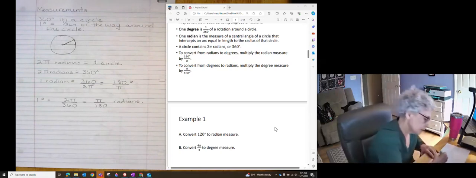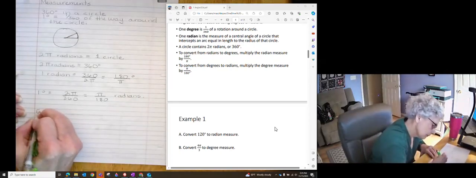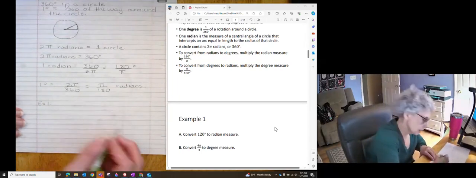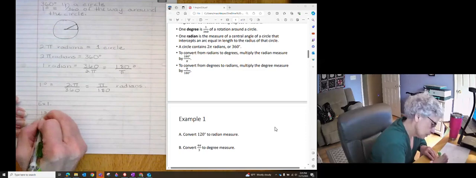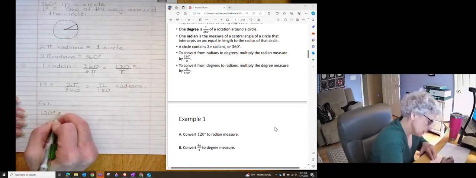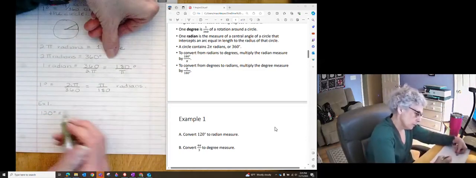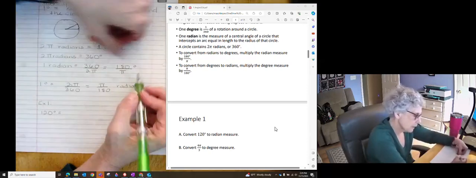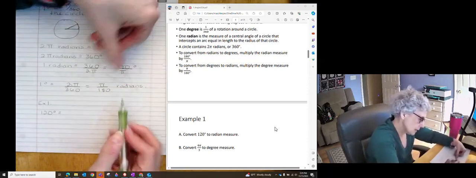Let's look at an example. We want to convert 120 degrees to radians. 120 degrees is equal to, well, this is degrees, so I need to have something with radians in it.